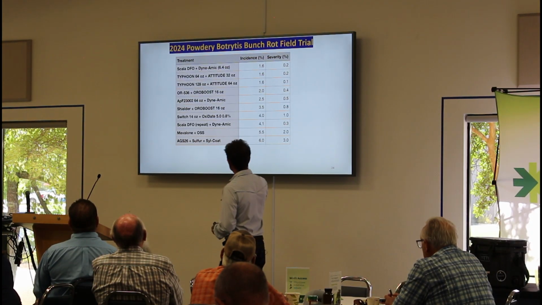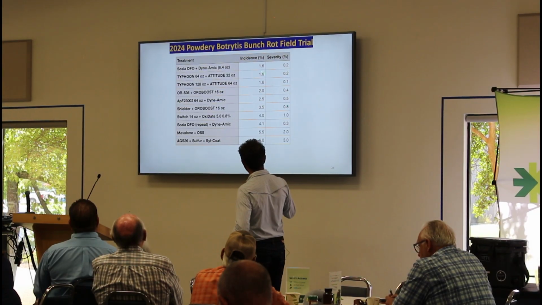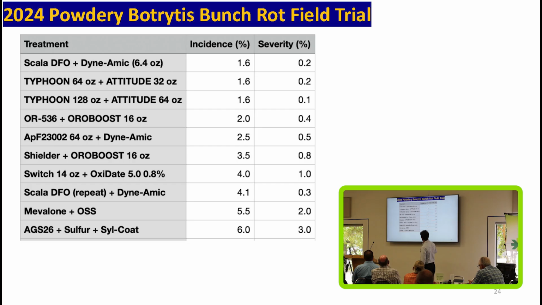This is the 2024 powdery mildew and botrytis bunch rot results from part of it. I just wanted to include a couple of products from Rovensa to give an idea of what I have been working on. Now it shows the Typhoon area incidence and severity, and the control is about 40%.